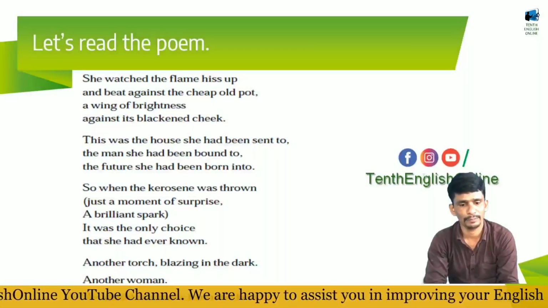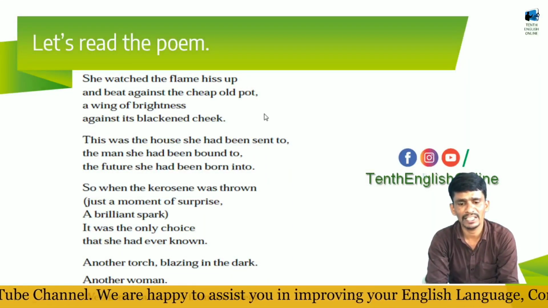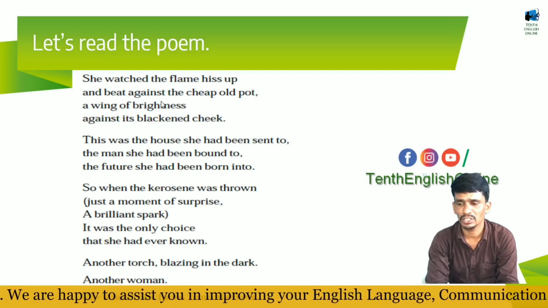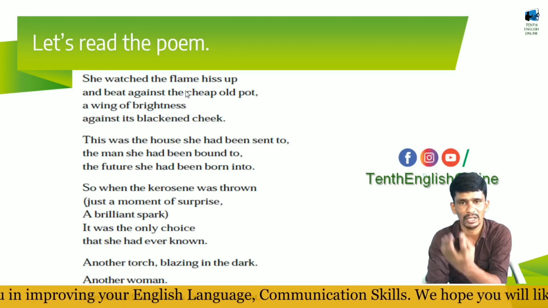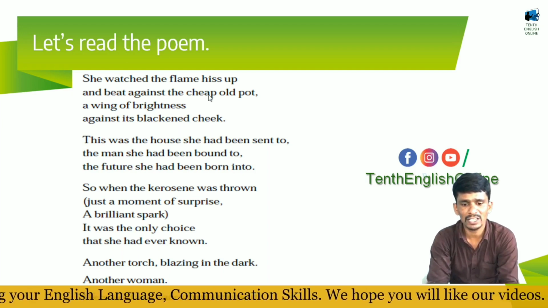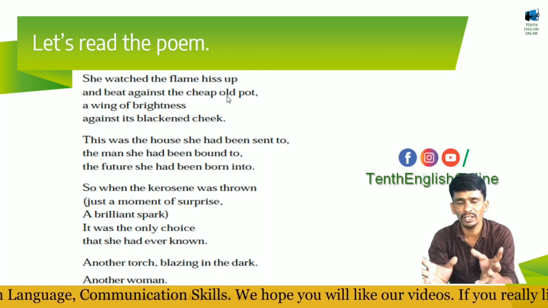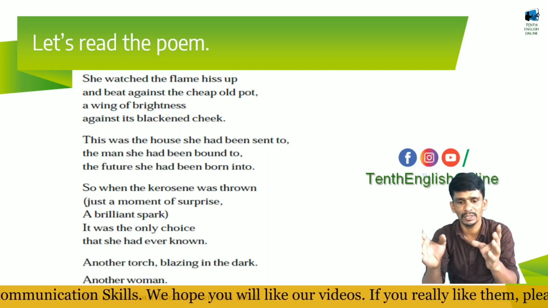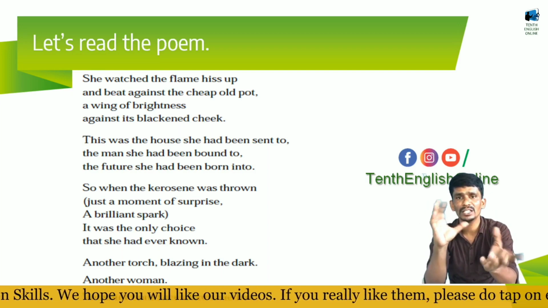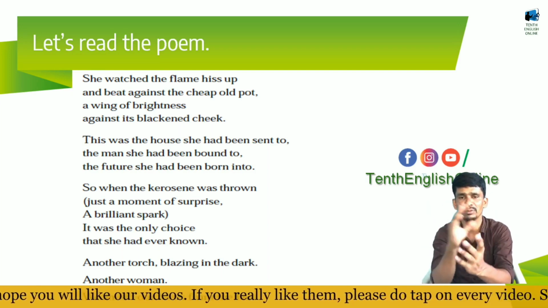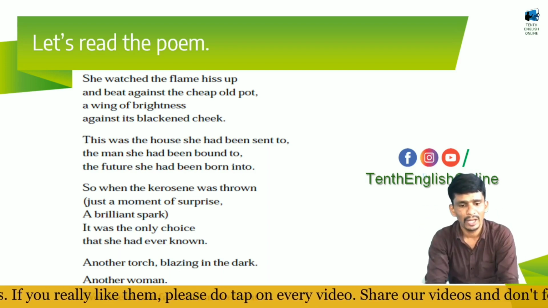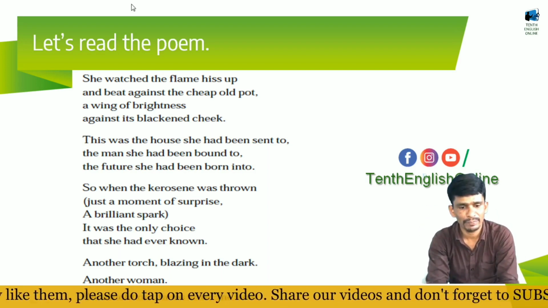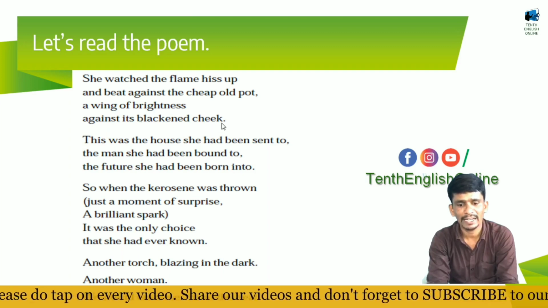Next stanza. She watched the flame hissing up. At that time, she was looking at the fire, the flames hissing up and beating against the cheap old pot. The wings of the fire are beating the pot on all sides. A wing of brightness against its blackened cheek.